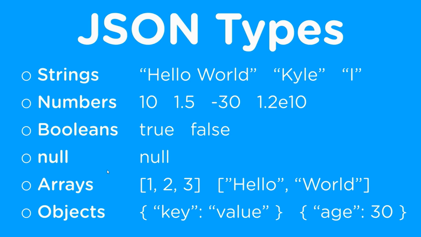Inside of this JSON file, what you do is you take one of the types that we talked about and you put that inside of the file. So for example, you could put a string, you could put a number, a boolean, whatever type you want inside of that file, and that's valid JSON.